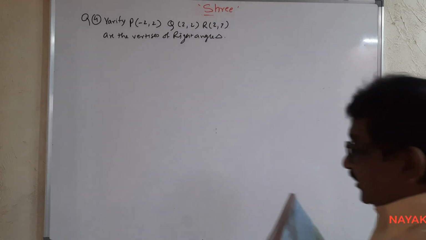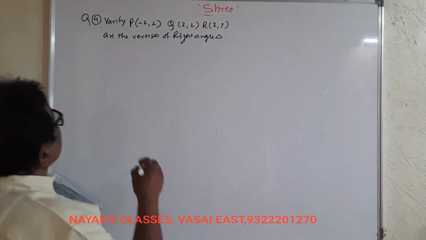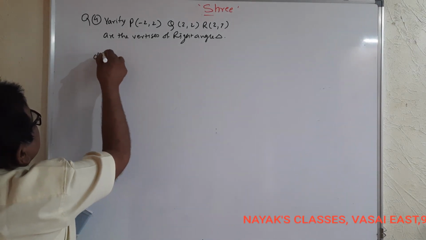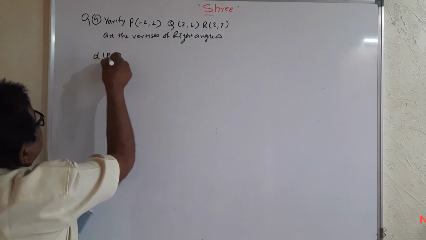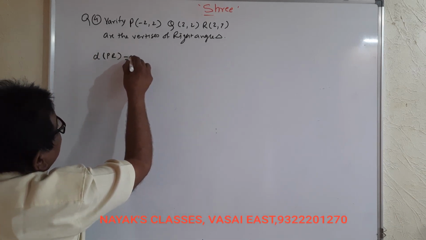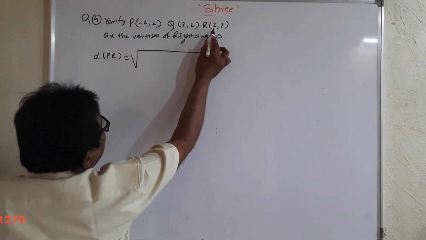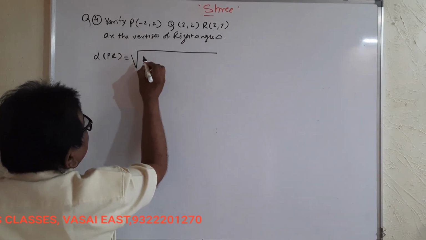the distance formula. Now you don't have to write the distance formula every time. Distance PR is equal to x2 minus x1. This is x2, this is x1.